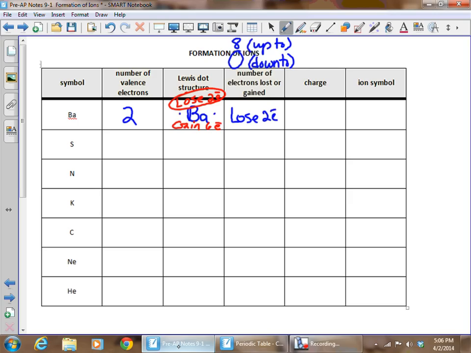If we lose those 2 electrons, we're going to form a +2 charge, and the ion symbol would be Ba2+. Notice that the charge is written with the sign first, the number second, whereas the ion symbol is the number first, sign second. So please get that right.